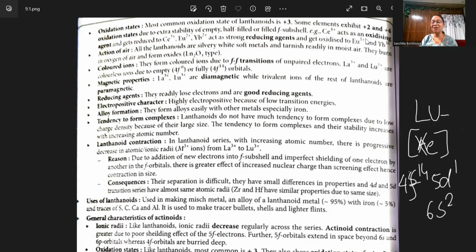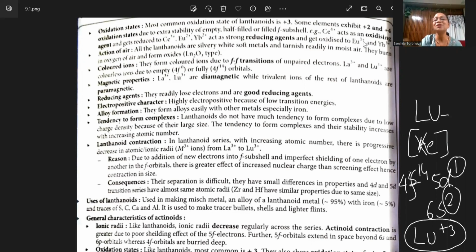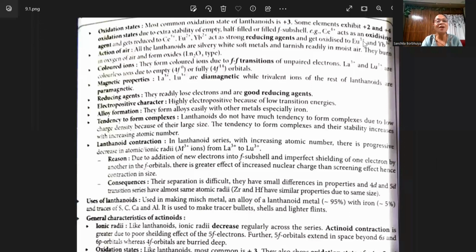The atomic number is 71. If it loses 3 electrons, 2 from s and 1 from d, you land up with a +3 oxidation state for lutetium, because you have a full-filled f14, and that's definitely wanted. So I've given an explanation about the +3 and the +4, and you can figure it out for yourself, seeing the electronic configuration.